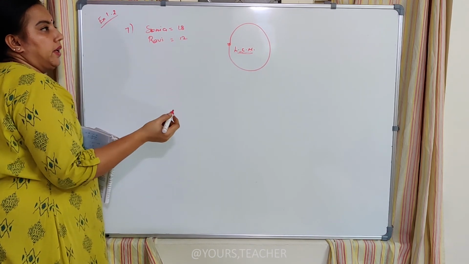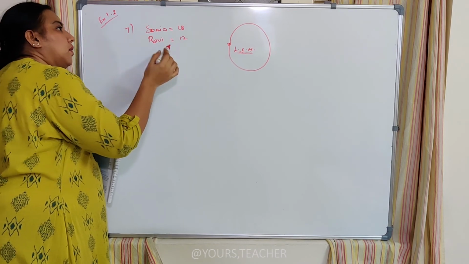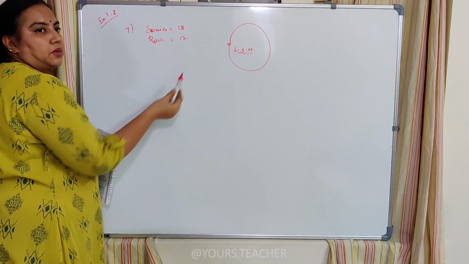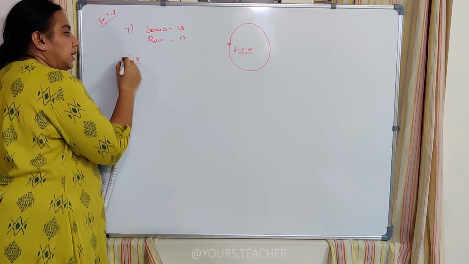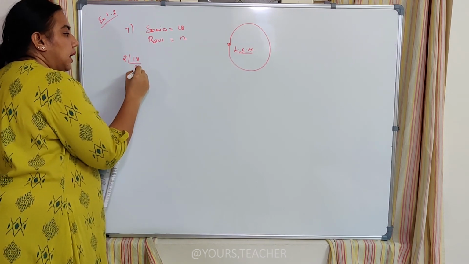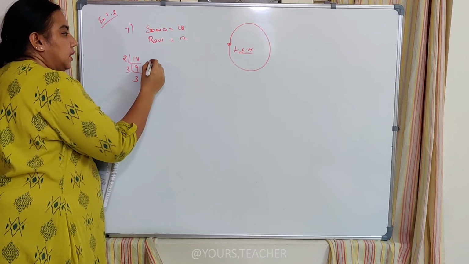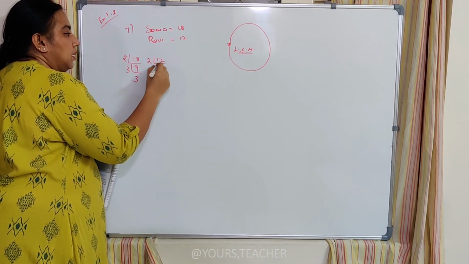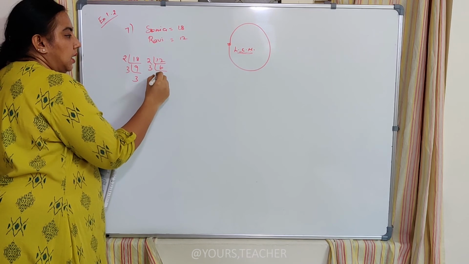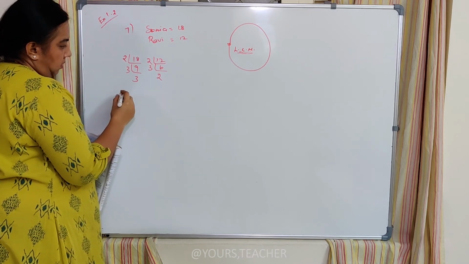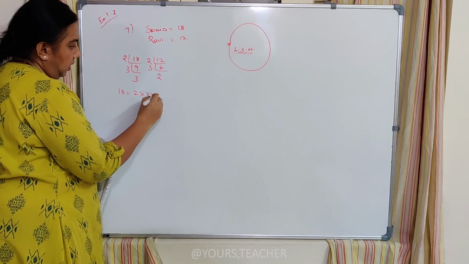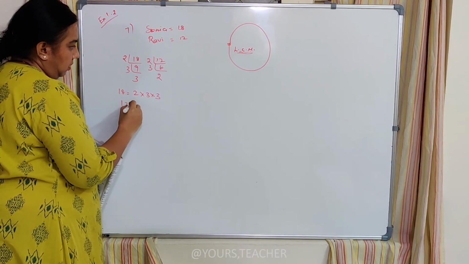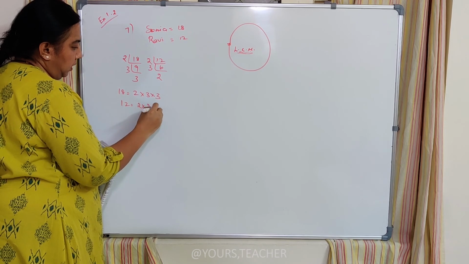In day-to-day life, we have to think about where to use HCF and LCM using these examples. And I am using prime factorization again. 18 is 2 into 3 into 3 and 12 is 2 into 2 into 3.